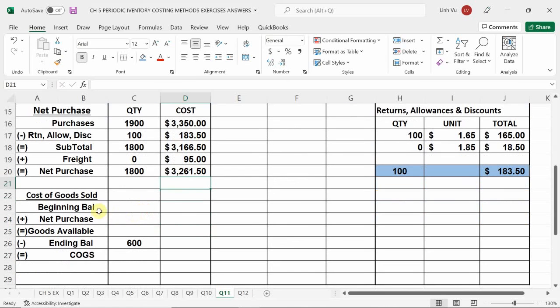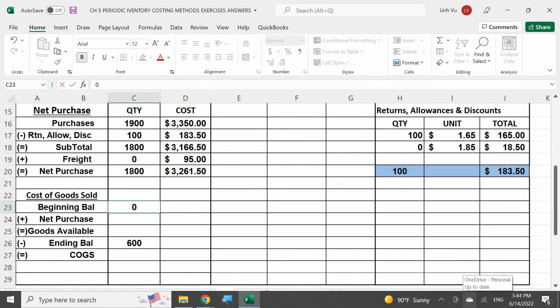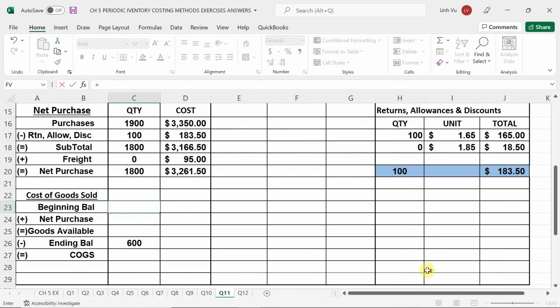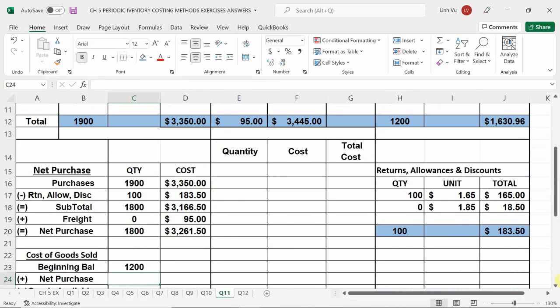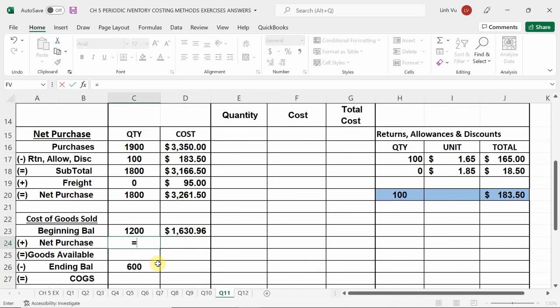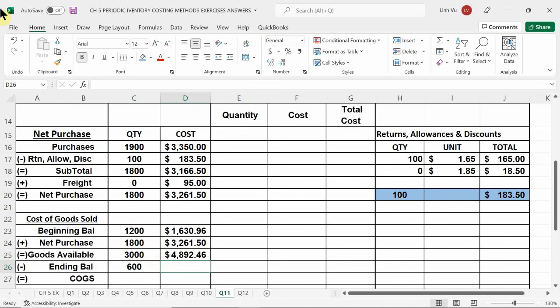We also need to add in our beginning balance because we carried it from our previous inventory worksheet, for that 1,200 units at a grand total of $1,630.96. We're going to carry our net purchases from above and add these two numbers together to get my grand total goods available to be 3,000 units at $4,892.46.